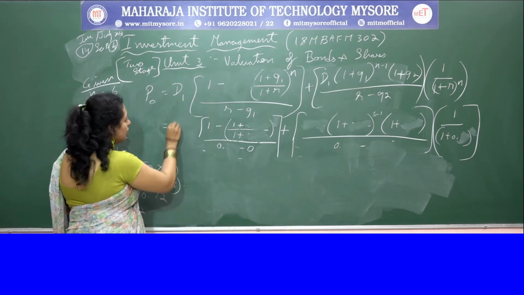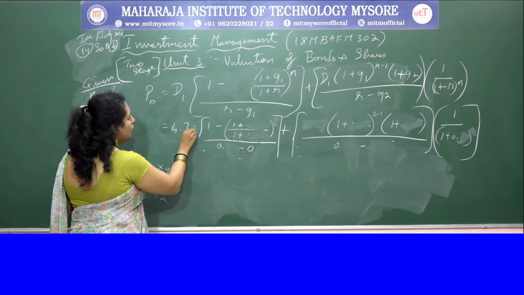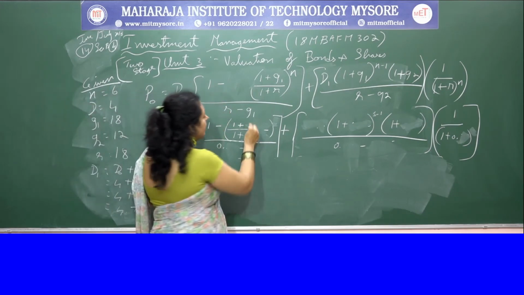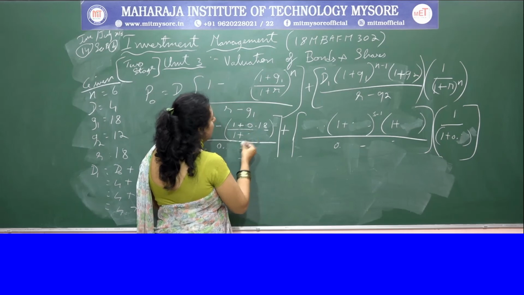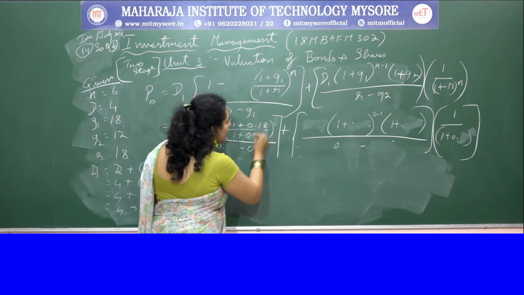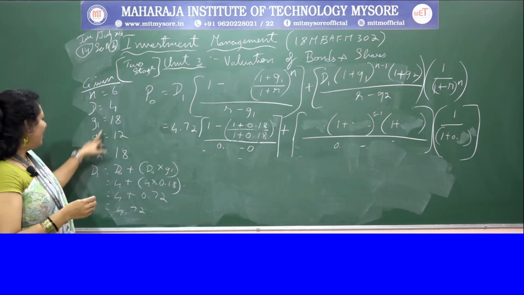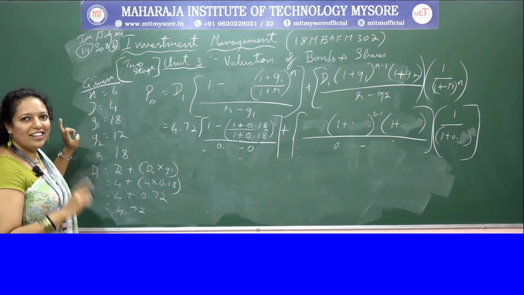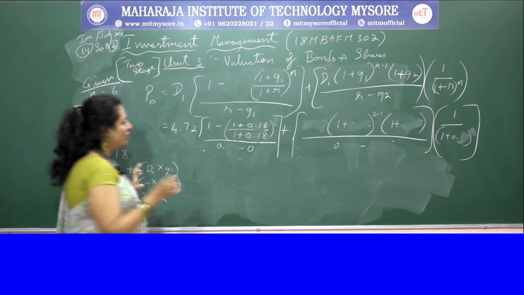So we'll do the substitution. 4.72, G1 rate is 0.18, R rate is 0.18. Here the coincidence is it was 18 and 18: G1 is also 18 and R is also 18.